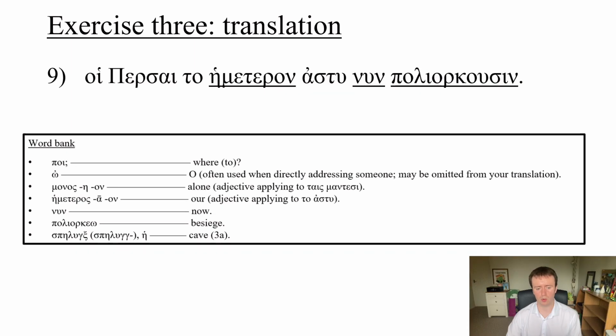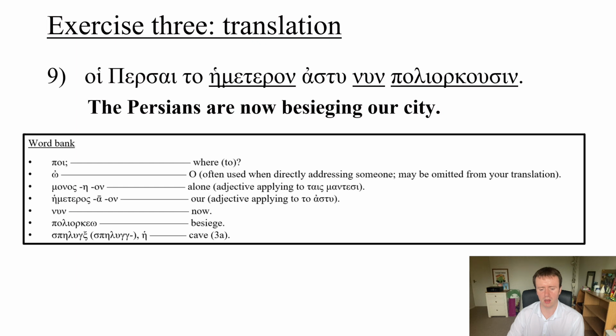Number 9 is hoi persai to hemeteron astiu nun poliorkousin. You should have translated this one as, the Persians are now besieging our city. We know that it means this because hoi persai is nominative plural, as indicated by the definite article and the ending. And then we have to hemeteron astiu.